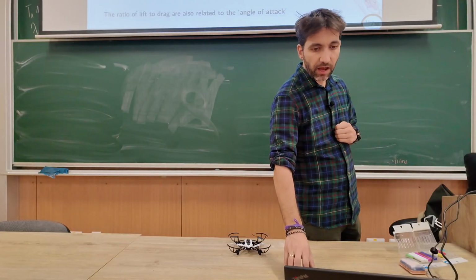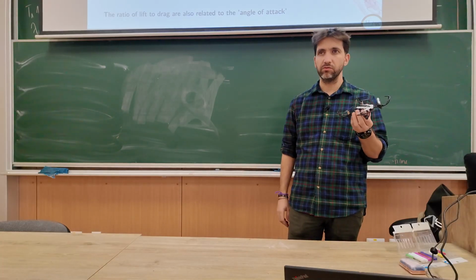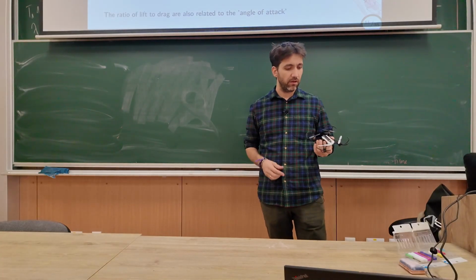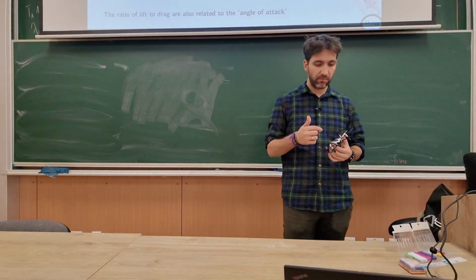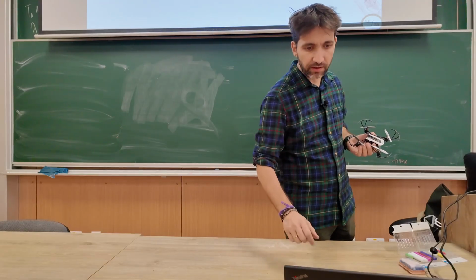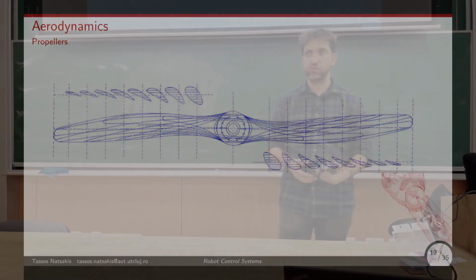Good. Now, in drones, we don't have wings, we have propellers. This is what makes the drone fly. And how do propellers look like? They look something like this. Probably you've seen one from close by.